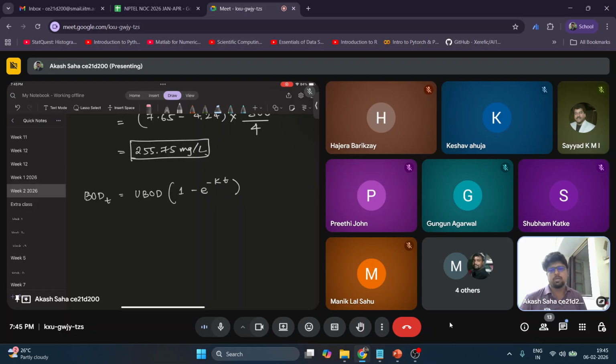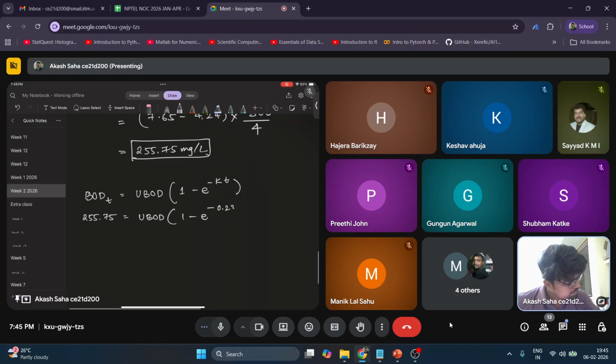BOD t we know is 255.75, and the ultimate BOD we have to find out. The k given in the question is 0.23, and it's a 5-day test, so multiplied by 5.